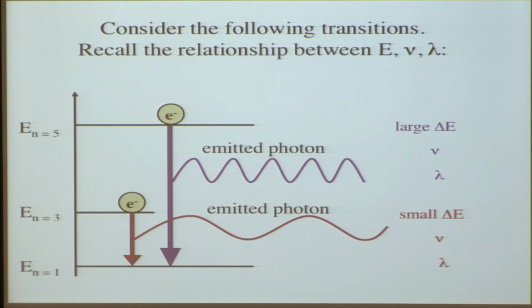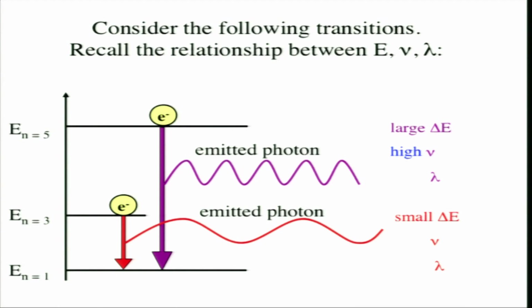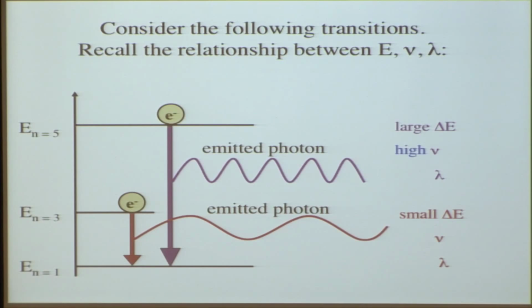So when we have a large difference in energy, what do we expect about the frequency of the emitted photon? Is it going to be a high frequency or low frequency? High. Yeah. So large energy, high frequency. And so then what would be true about the wavelength of that emitted photon? Short. Right.